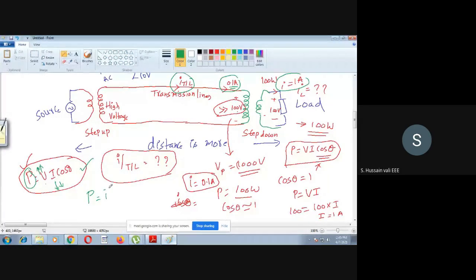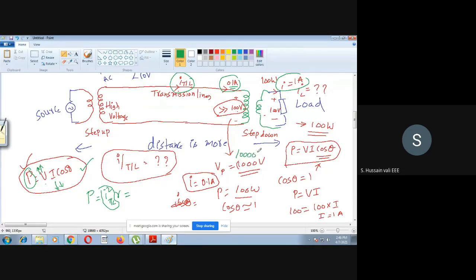Power loss is equal to I square R, where I is the transmission line current. Now this I value, this time you decrease to 0.1 ampere as you have a transformer here. As you have a transformer, the current in the transmission line you can decrease. So when the current in the transmission line decreases, the power loss in the transmission line can also be decreased.